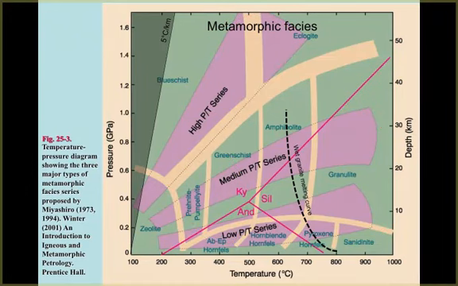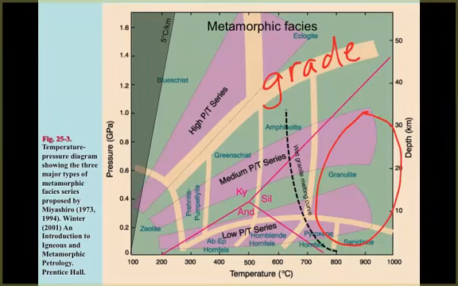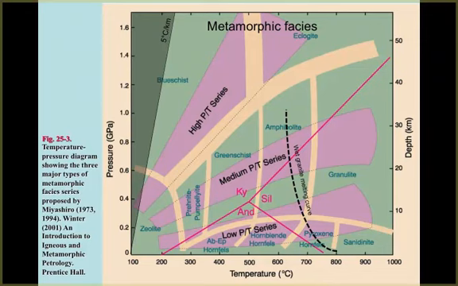For regionally metamorphosed rocks, those are intermediate grade, medium pressure and temperature. So this term, metamorphic grade, is really generic and applies in a very broad way to conditions that are more extreme, in terms of high grade metamorphic rocks, or low grade at low pressures and temperatures. That's just a generic way of describing that.